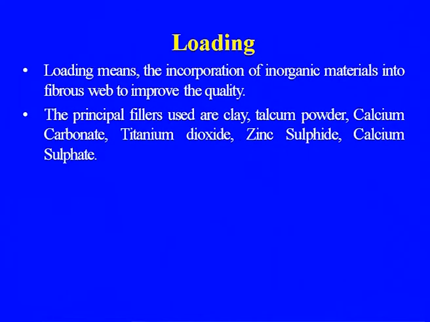Now come to loading, because loading means the incorporation of inorganic material into the fibrous web to improve the quality. The principal fillers used are clay, talcum powder, calcium carbonate, titanium oxide, zinc sulfide, calcium sulfide. But the brightness of these fillers is very important, otherwise it will result in a duller pulp. So, there is always a problem if the quality of some of these fillers is not good.